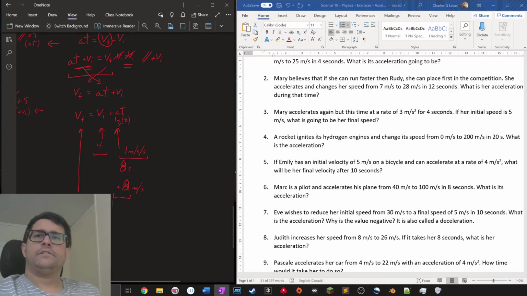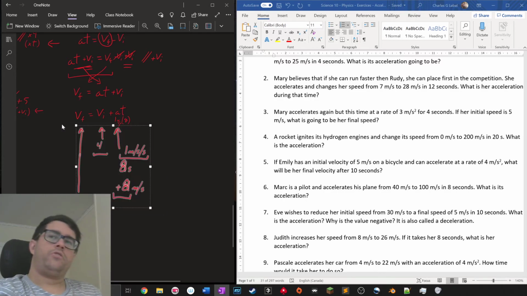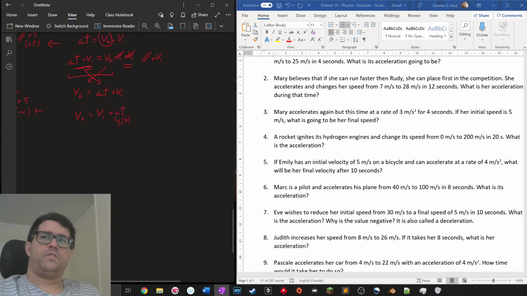So I like this formula a lot because it makes it very clear. You take the initial velocity of 4, you say you accelerate at 1 meter per second squared for a whole 3 seconds, so your new speed will be 7 meters per second.